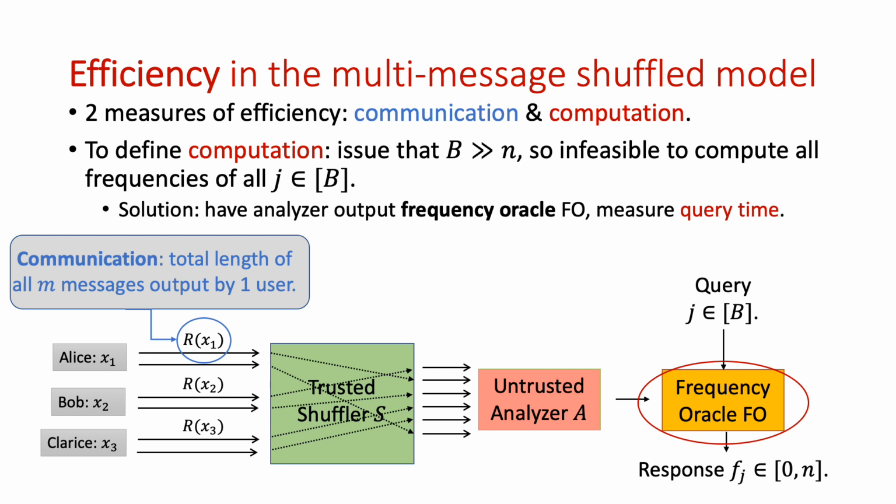To define the computational complexity of our algorithms, we're going to only focus on the computational complexity of the analyzer, because the users' algorithms are always going to be very efficient.